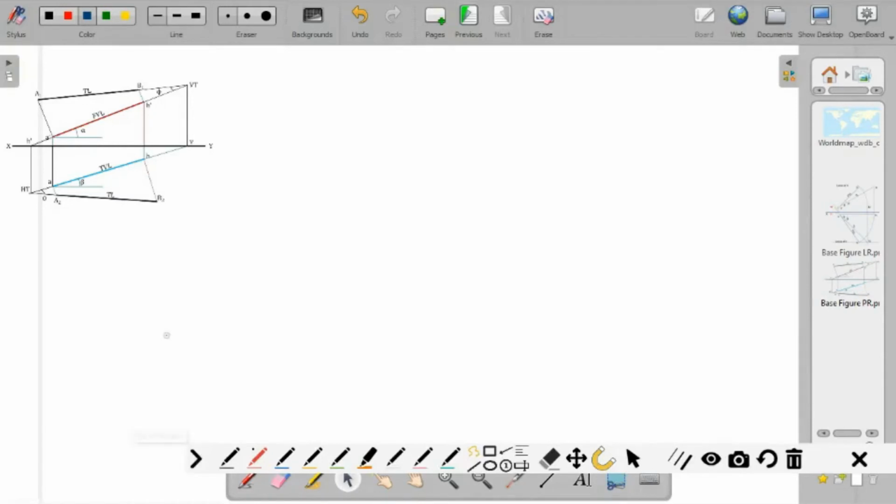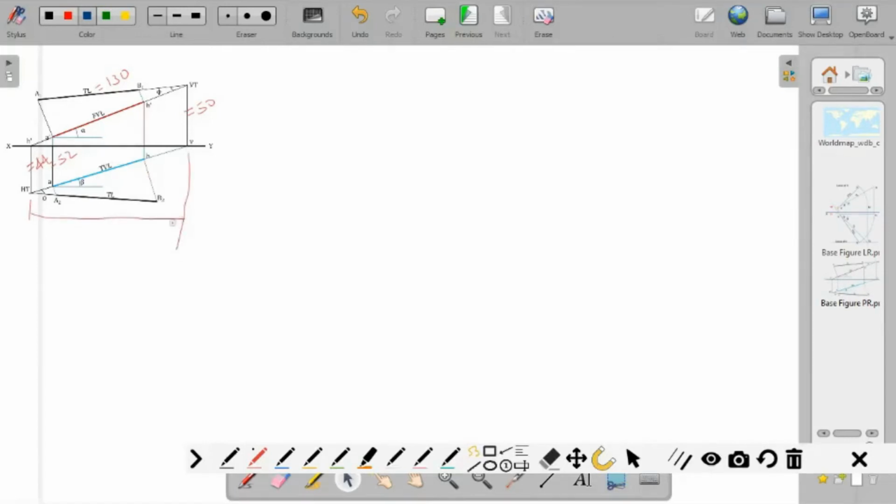So here HT is 44, A is 52, VT is 50, and 130 is the length, with the distance between HT and VT.